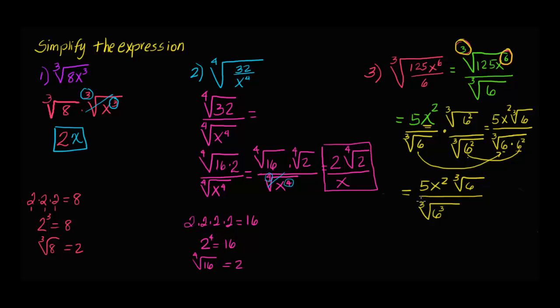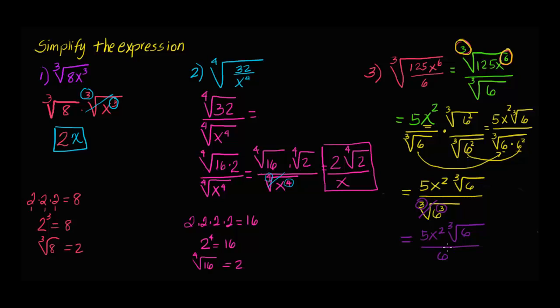And now notice that the index and the exponent match, so I can remove this radical. So the final answer is 5x squared cube root of 6 over 6.